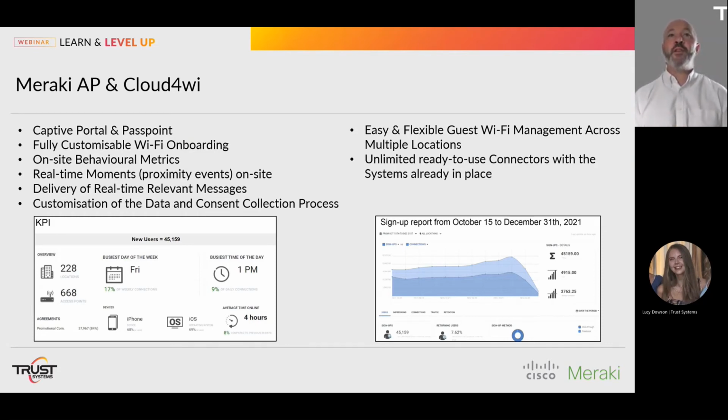Using that trending information, again, you can have a look at some of the stats around a peak flow of activity from a store or from an estate perspective.